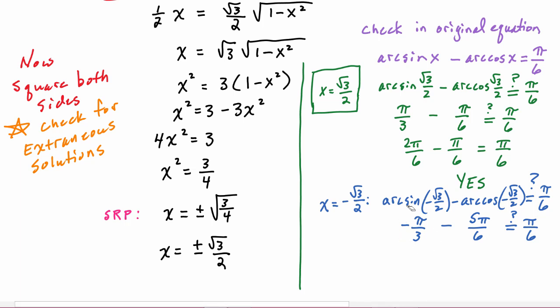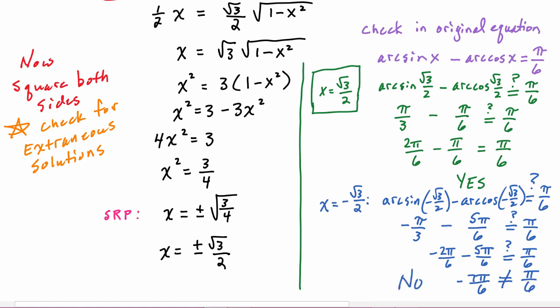And so we are trying to discover if subtracting those two equals pi over 6. Well, negative pi over 3 is negative 2 pi over 6 minus 5 pi over 6. Does that equal pi over 6? Negative 2 pi over 6 minus 5 pi over 6 is negative 7 pi over 6, and that definitely does not equal pi over 6.